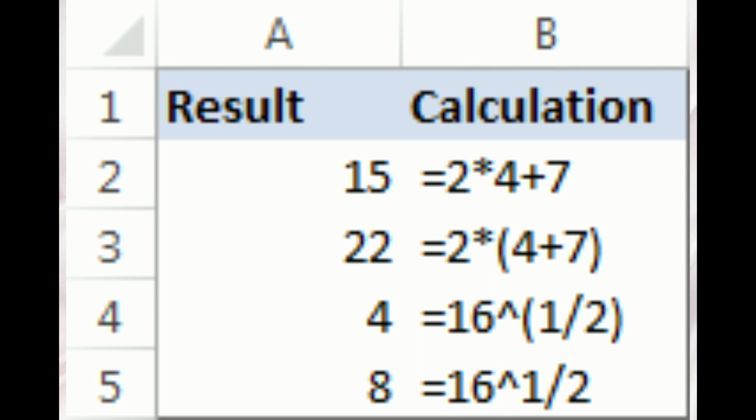Then we have equals 2 times, open parenthesis, 4 plus 7, close parenthesis, or let's say 4 plus 7 times 2, the answer is 22. Then we have 16 raised to the power of 1/2, so the answer is 4. Then if we say 16 raised to the power of 1 divided by 2, the answer is 8.